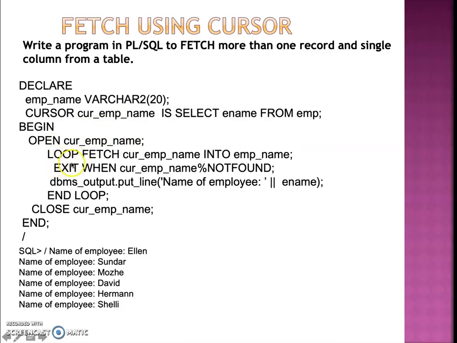You can use a loop to fetch the cursor emp name into emp name. This loop will fetch each record and print the name of the employee. This loop will execute n number of times, as many records as are stored in the cursor. We see the list of the names which is outputted by DBMS_OUTPUT.PUT_LINE.